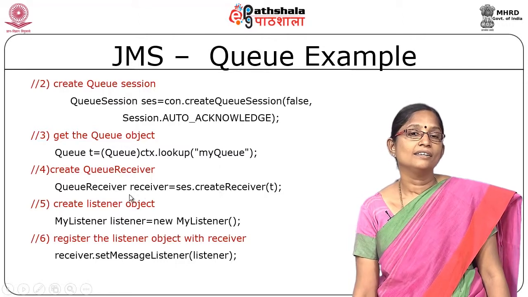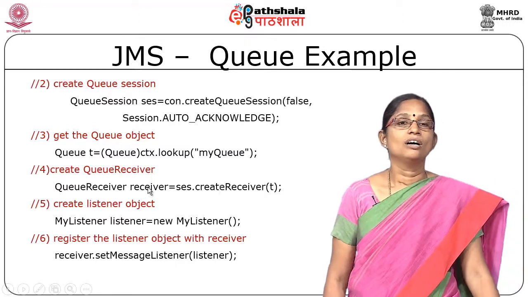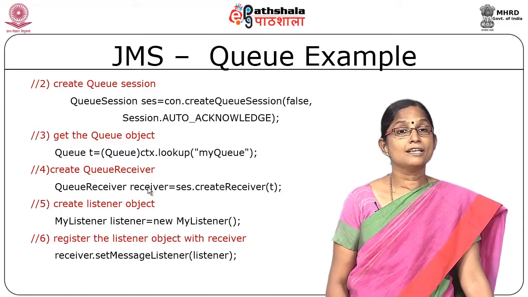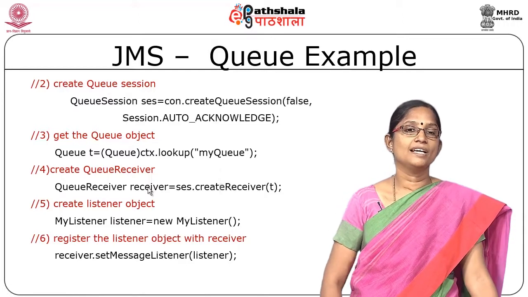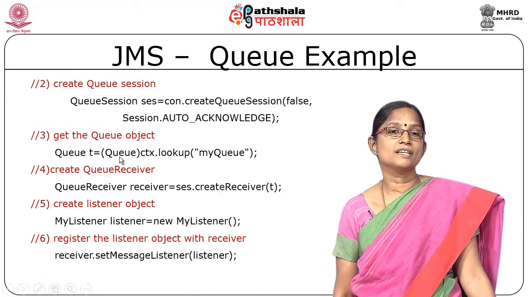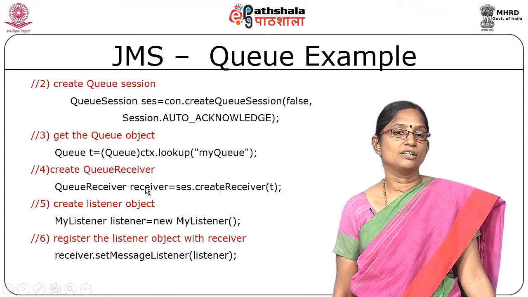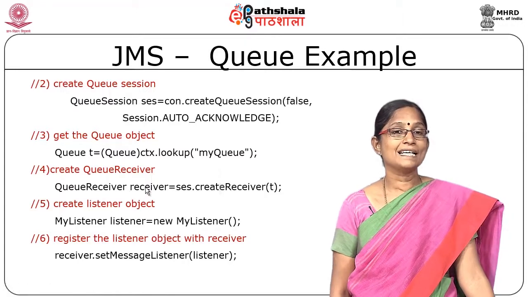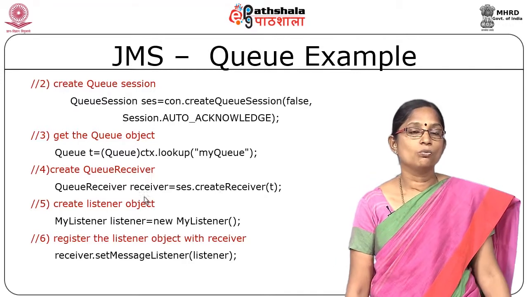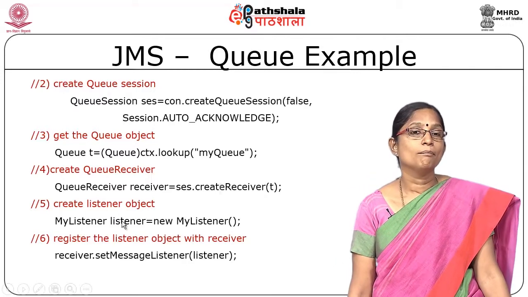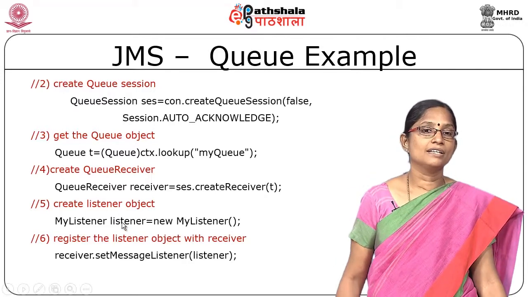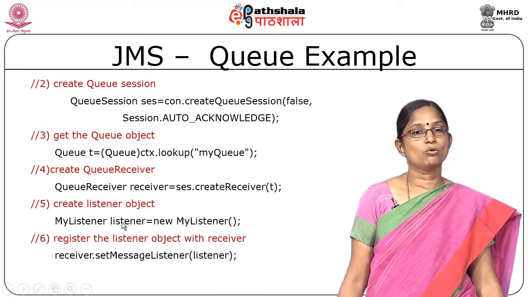Now, if it is a synchronous communication, directly we can call the receive method over the receiver object. Here we are going to follow the asynchronous mode of communication. So, what we do is create a message listener. Earlier we have studied that if we want to follow the asynchronous mode of communication, then we have to create a message listener.